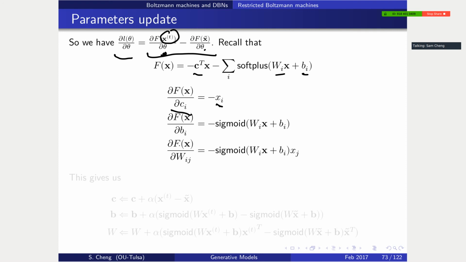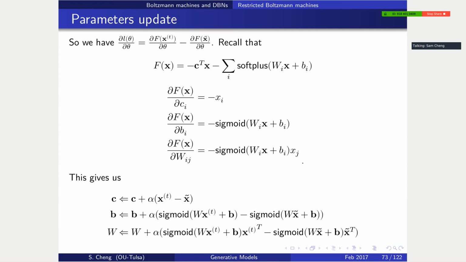If I take the partial derivative with respect to b here, I will have the derivative of softplus, which is just the sigmoid, and then take the derivative of b here, which is nothing. If I take the derivative with respect to W_ij, I will have an x_j coming out because there's a W_ij here. But anyway, with some algebra, you can see the update rule can become like this.